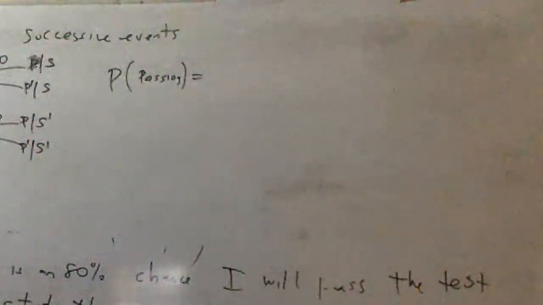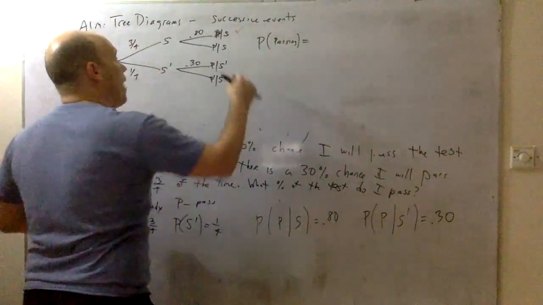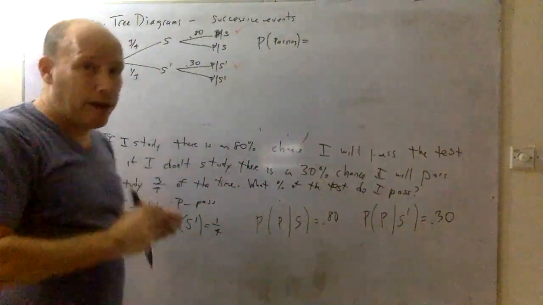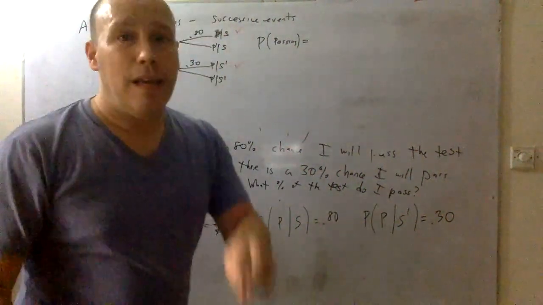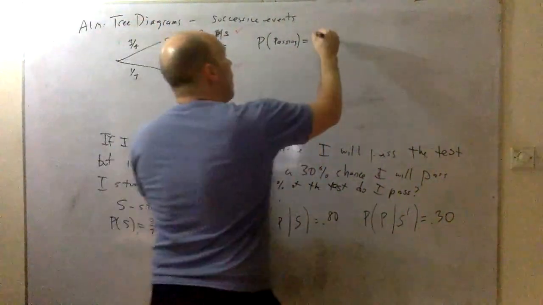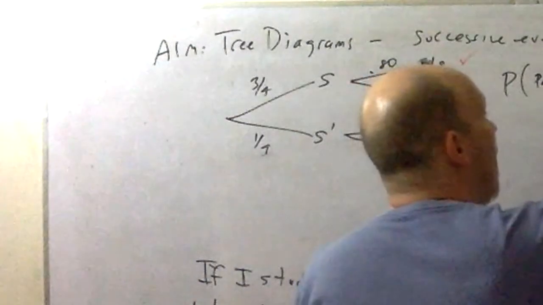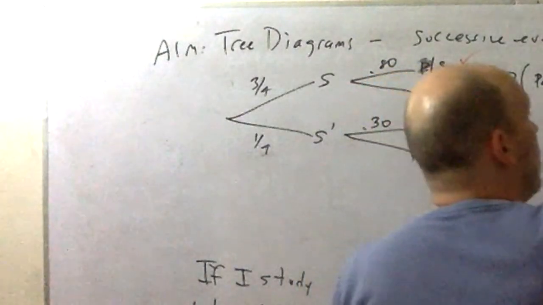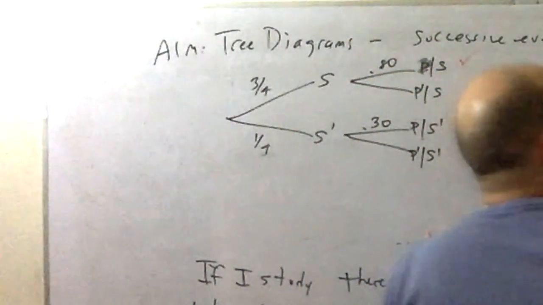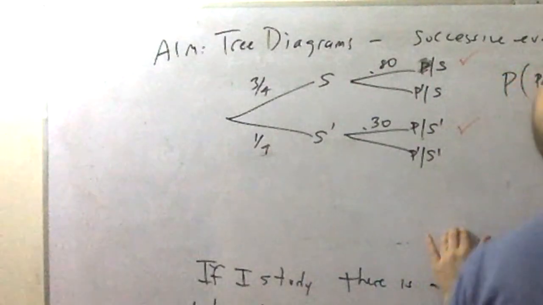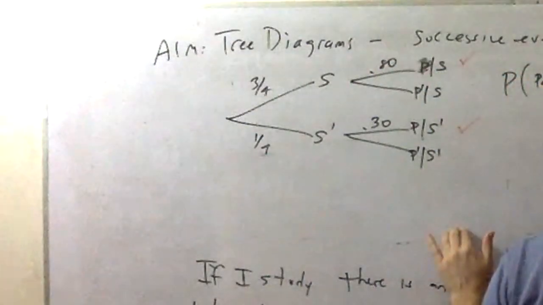Well, it's all about the branches. What are the branches of passing? Well, it's the first branch and the third branch. So the probability that I pass could happen two ways. It's either the probability that I studied and then I passed the test, or I didn't study and I passed the test.